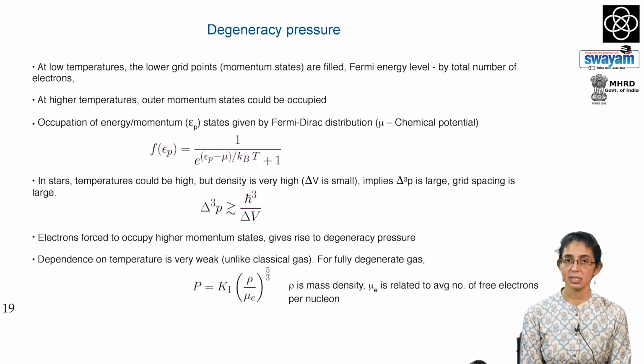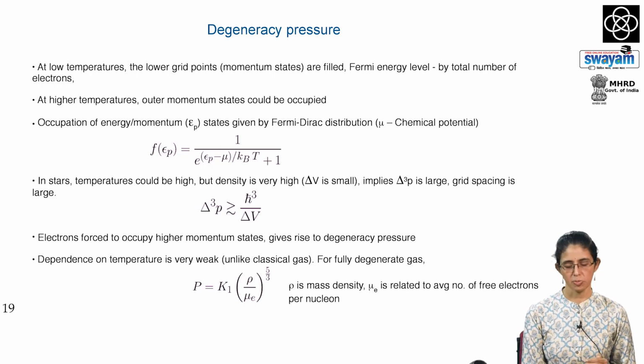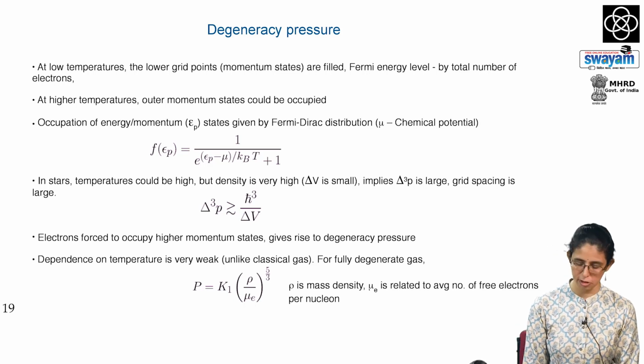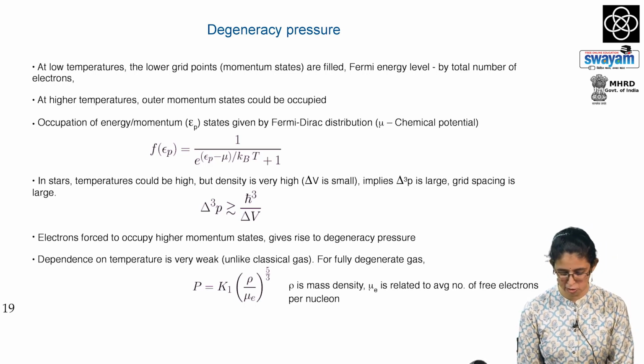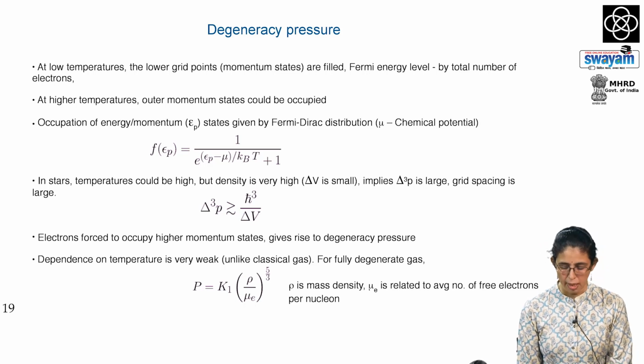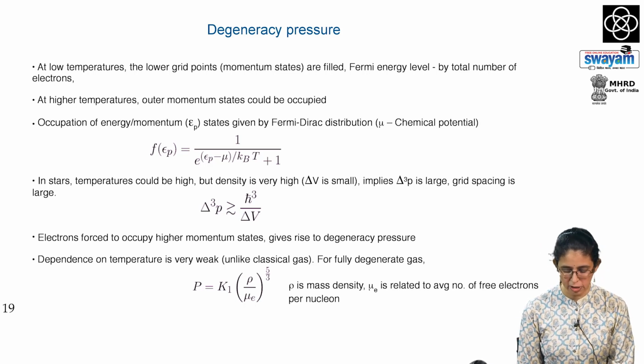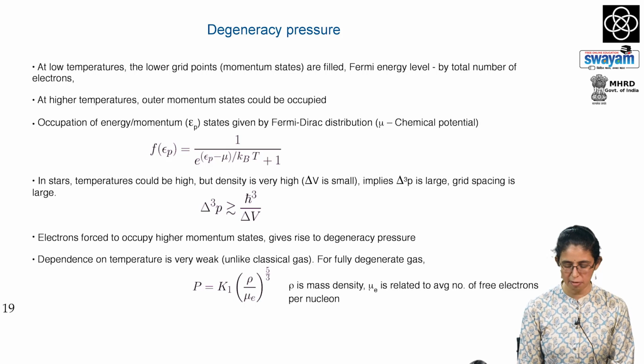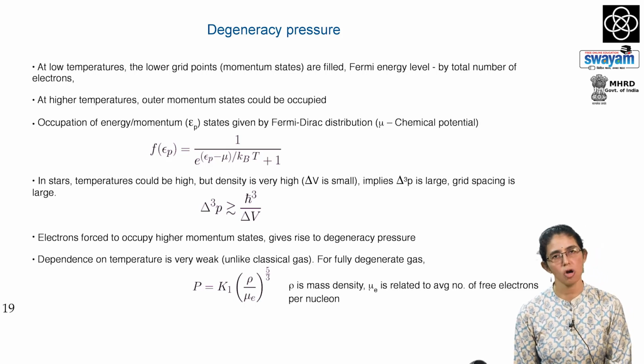As mentioned earlier, the temperature dependence is very weak, and one can derive an expression for the degeneracy pressure. For a completely degenerate gas, Subramaniam Chandrasekhar was the first to derive this expression. For a fully degenerate gas, one finds that the pressure goes as a power of the mass density, and this power is 5/3 when the system is non-relativistic.